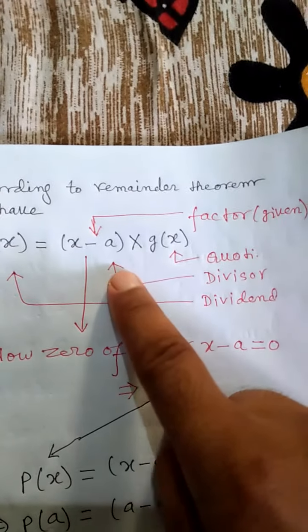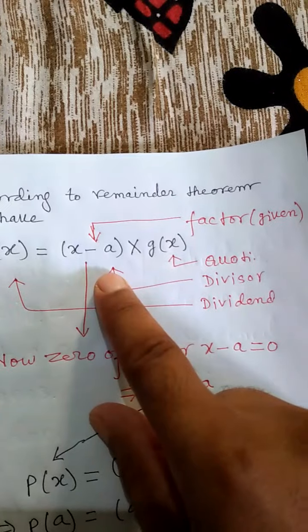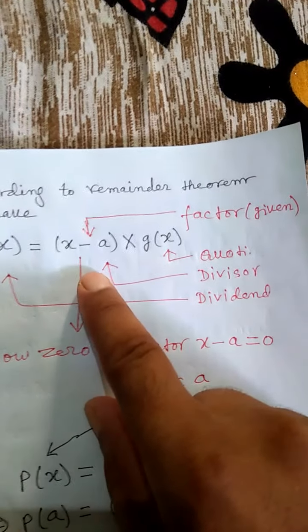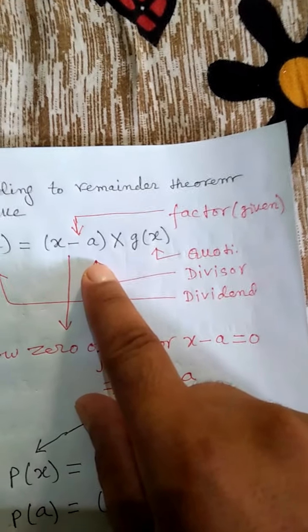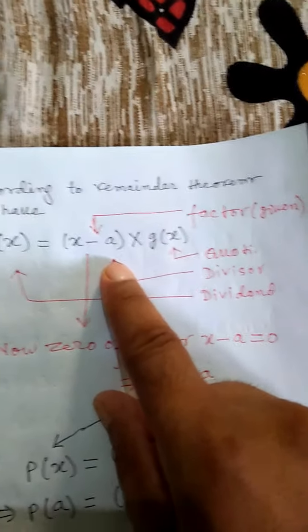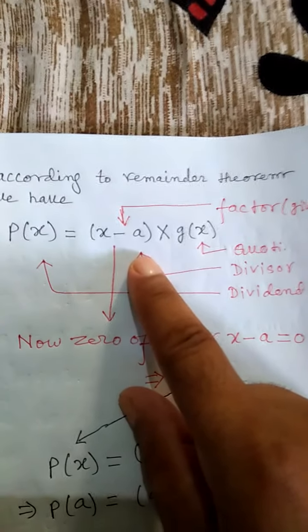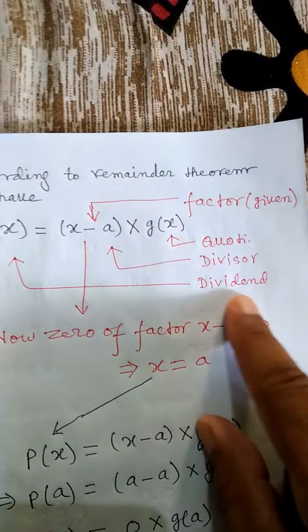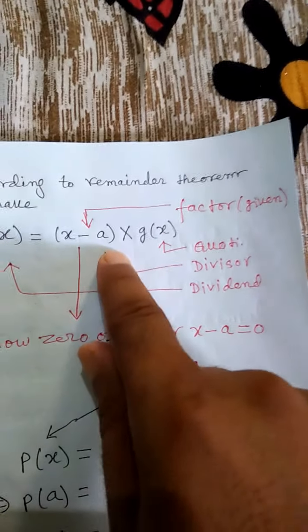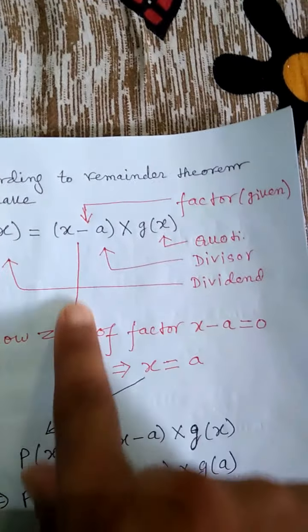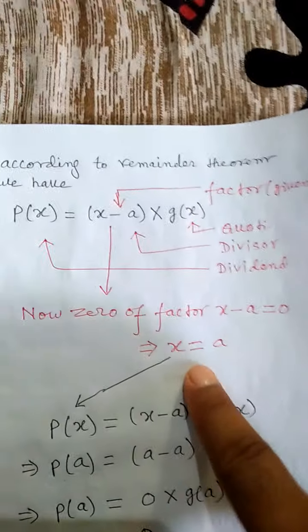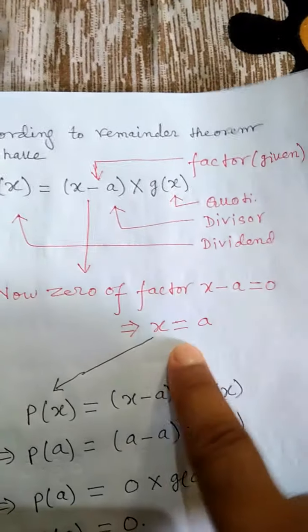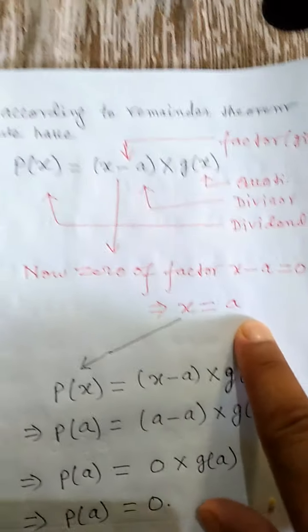Now find the value of polynomial P(x) at the zero of divisor, that is a. As x minus a is equal to 0, then x is equal to a.